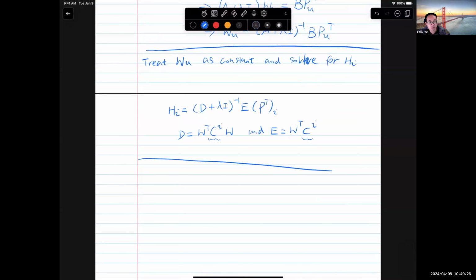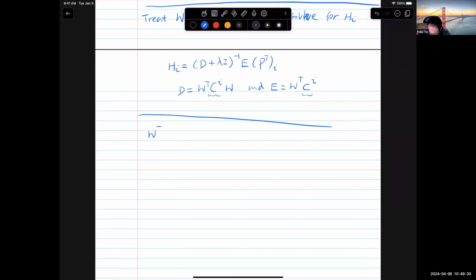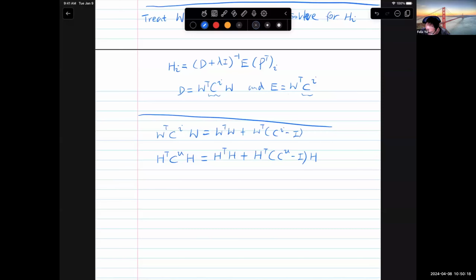So the trick that we can use is to take this W transpose CI W. This is very expensive to calculate because for each CI you have to calculate it. So we're going to rewrite the whole thing in a different way, and the same for H transpose CU H. For example, this one becomes H transpose H plus H transpose CU minus identity H. This is W transpose W plus W transpose CI minus I W.